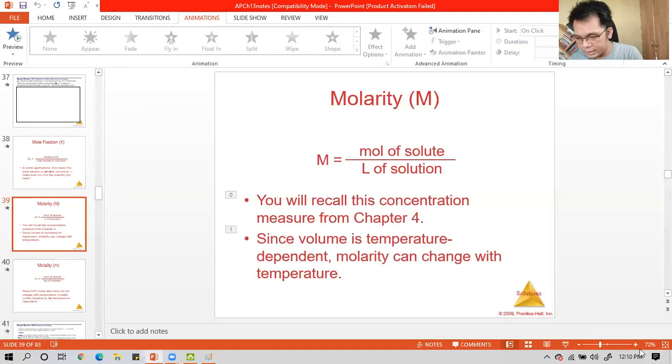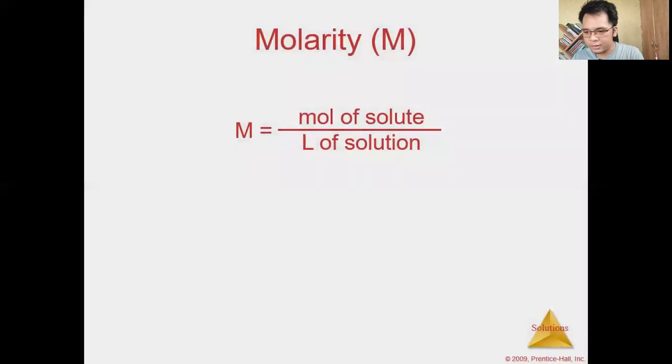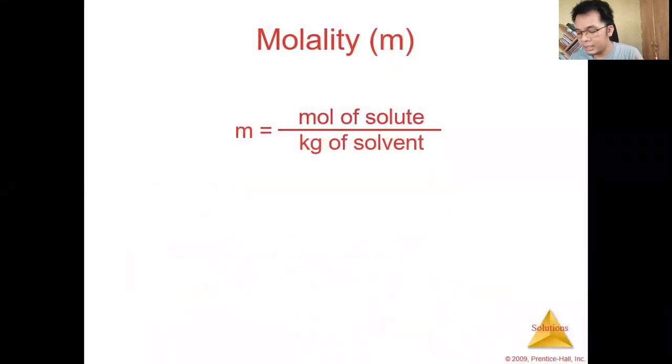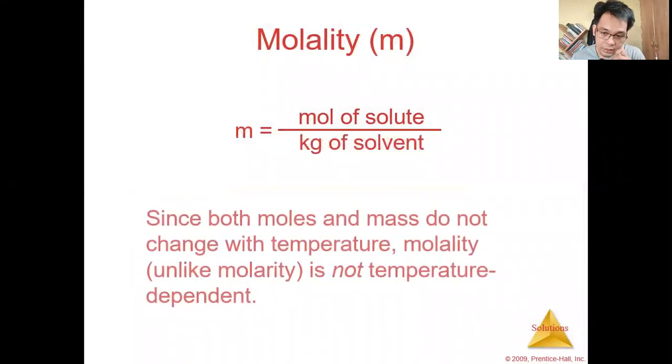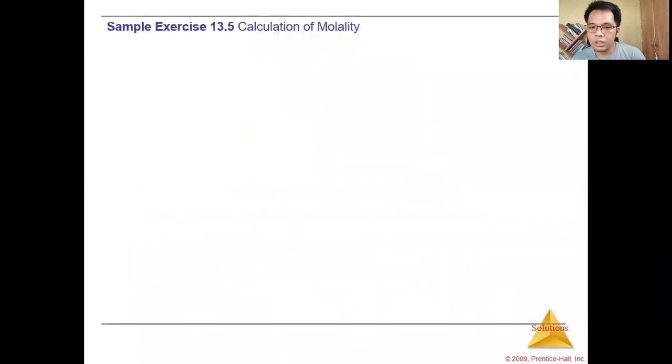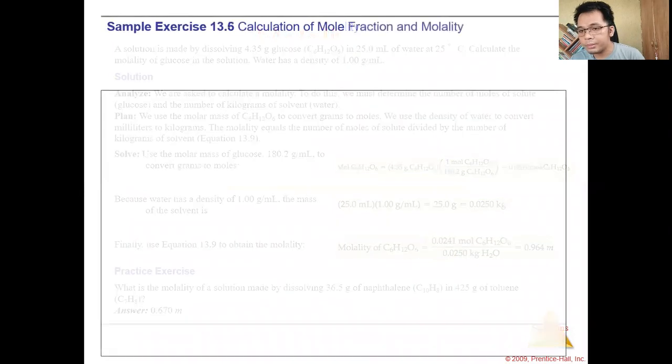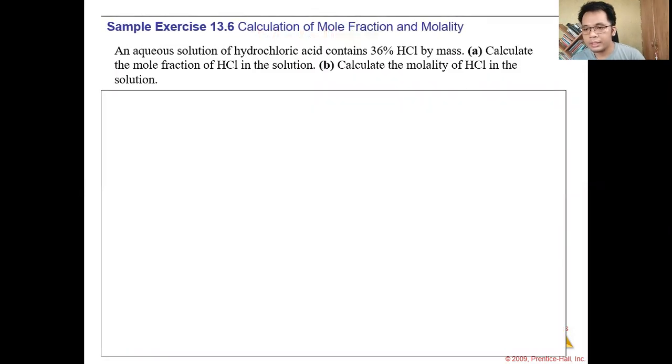And then another one here is the molality. It is also expandable, but what we consider here is the mass of the solvent, not the volume. So there is a relationship with density, depending on what is given.